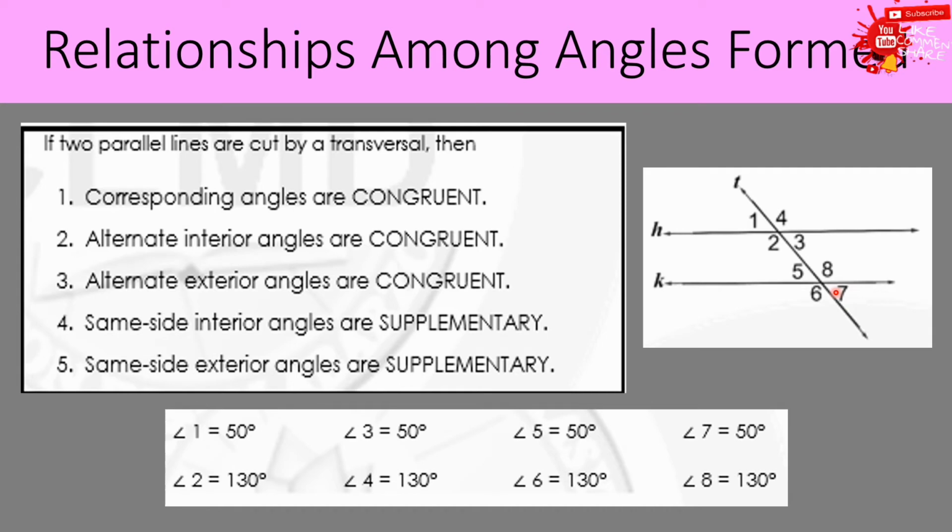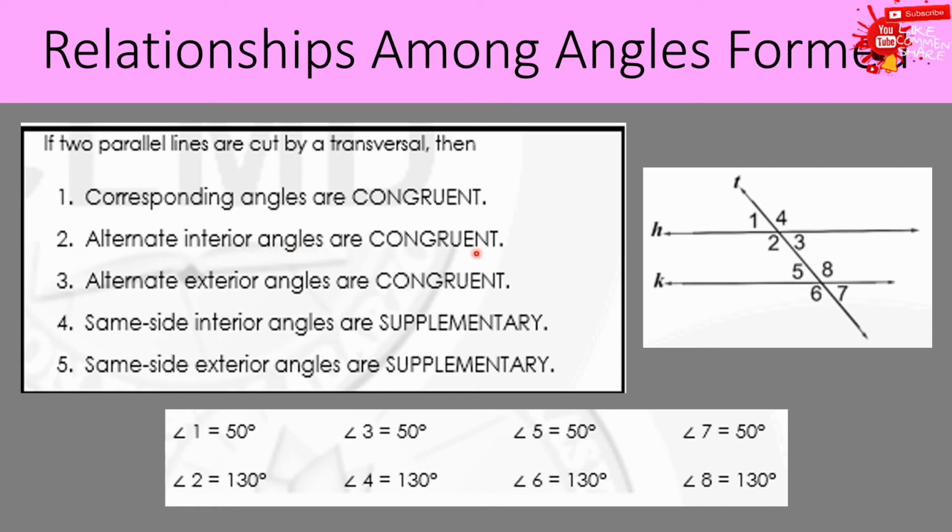Since corresponding angles are congruent, it means that they have the same measure. Say for example that angle 1 measures 50 degrees. Since angle 1 is paired to angle 5 wherein they are corresponding angles, it means that angle 5 measures 50 degrees. Okay?